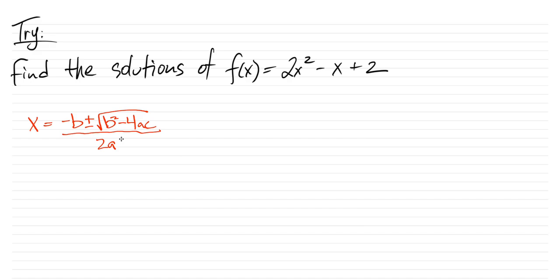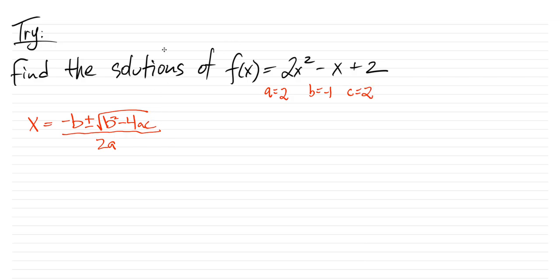Tracy, what'd you get for A, B, and C? Because these are kind of critical to be able to start the problem. A is the number on the x squared. So 2. So just the number. -1? Okay, good.